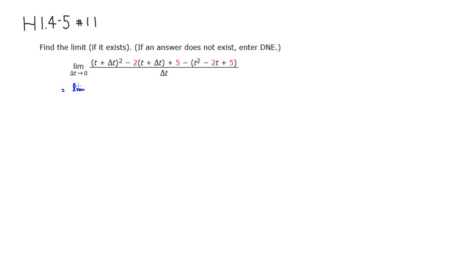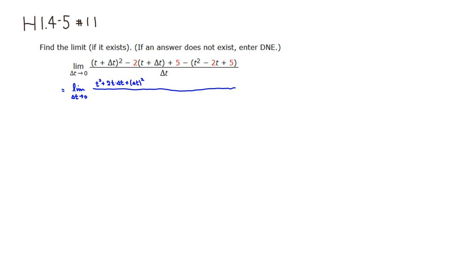So it's going to be the limit as delta t approaches 0, right? Then we're going to multiply out. So t plus delta t squared is t squared plus 2t times delta t plus delta t squared, right?